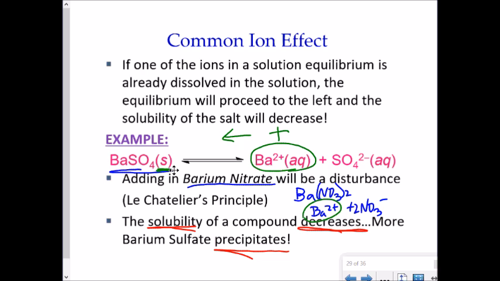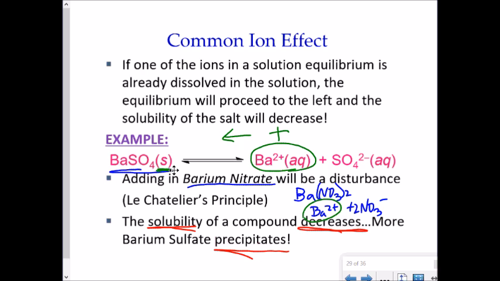Okay, so the common ion is important in that it really decreases the solubility of the particular salt. But it's already insoluble to begin with, which is kind of funny. So it's already insoluble, and it's going to decrease the solubility. But you will also use Le Chatelier's principle with these kinds of questions, remembering if you add something to one side, it's going to go the opposite direction.